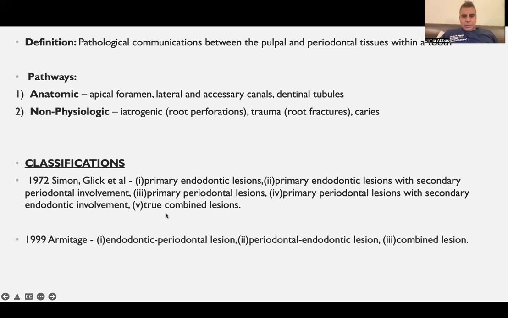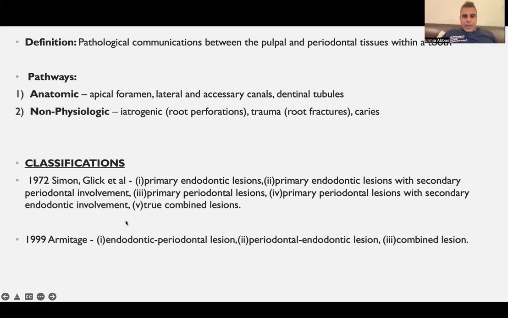And then there were primary periodontal lesions, where only the periodontium was involved, with bone loss and attachment loss taking place. Then there was primary periodontal with secondary endodontic involvement, and then there are true combined lesions.